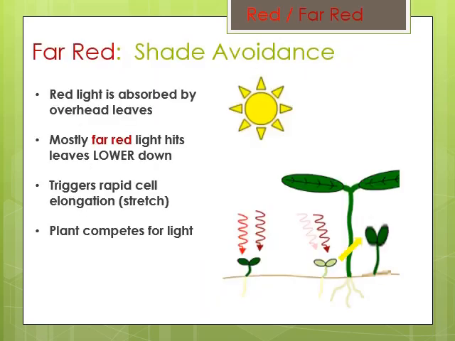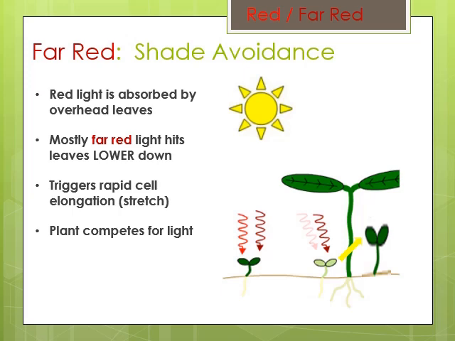Then looking at far red, we have talked about this before, shade avoidance. Just a reminder, because I want to make sure you guys know how this works. The idea is that a plant that has nothing on top of it will receive the same amounts of red and far red proportionately.